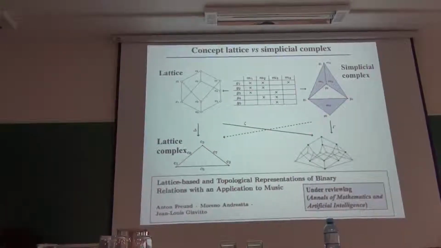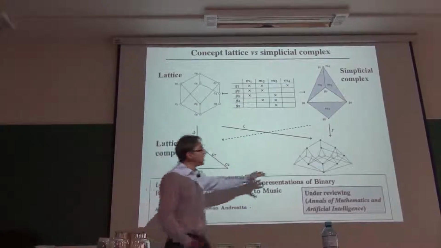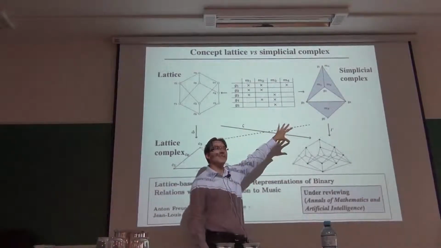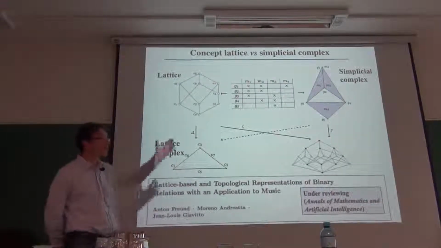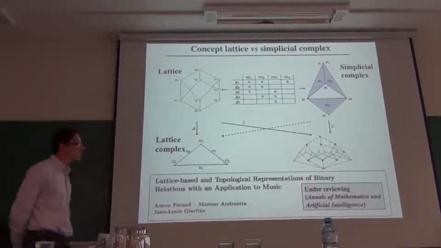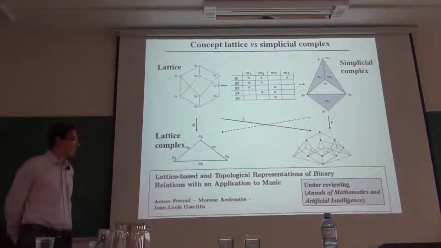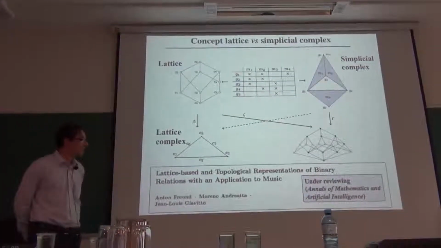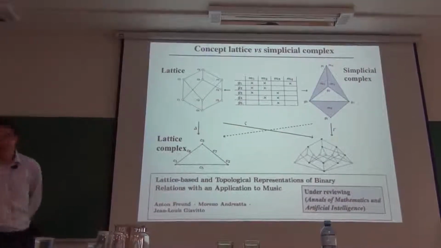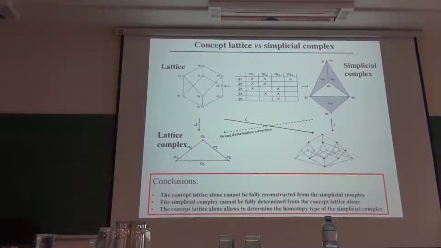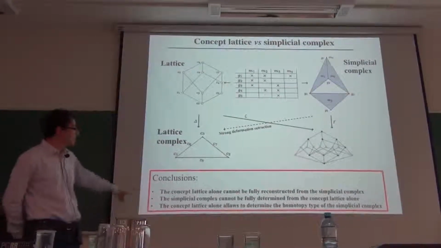How can you understand, for example, a lattice by using the associated simplicial complex and vice versa? This is the object of a paper done with a student who worked with us in the music representation team. It is under review at the moment, and we show some interesting new results.